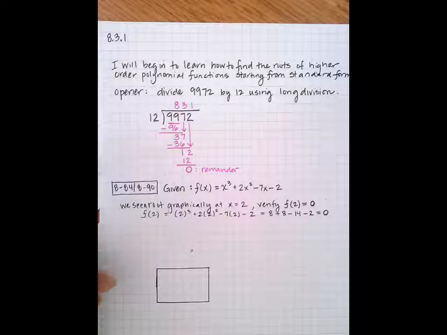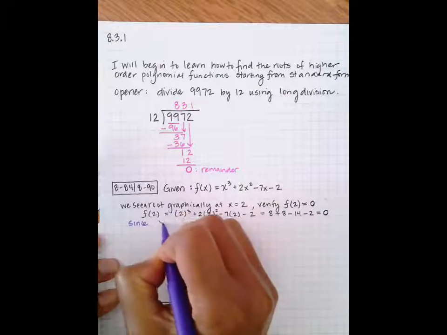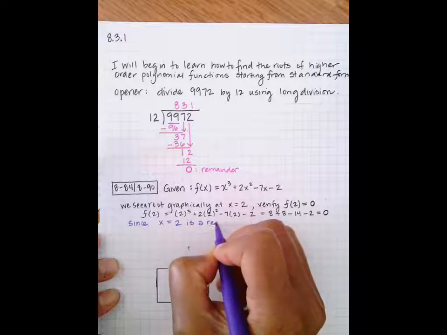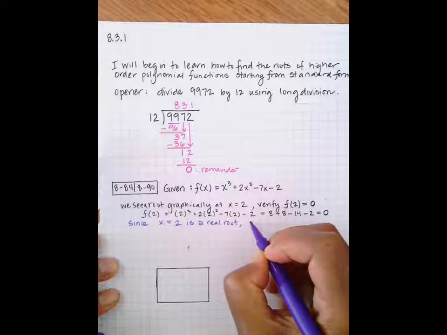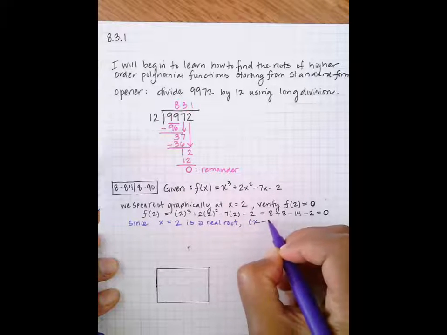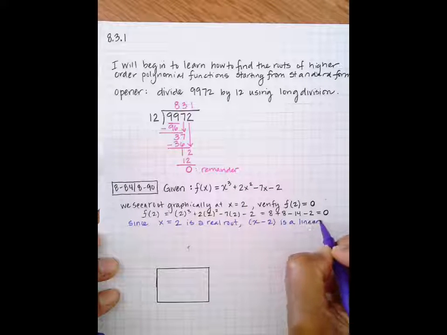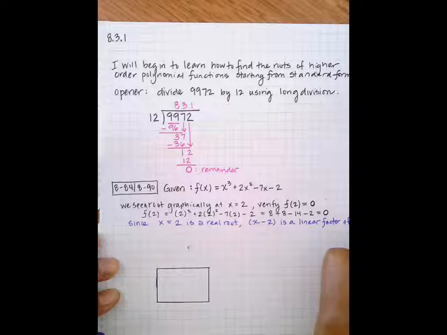Now, since that is a root, we know that since x equals 2 is a real root, what this means is that x minus 2 is a linear factor of f of x.